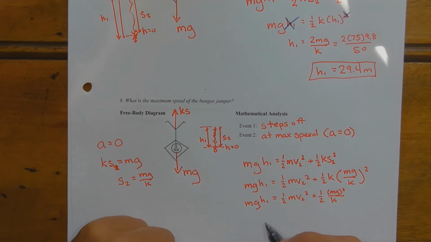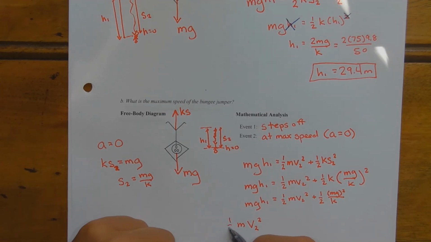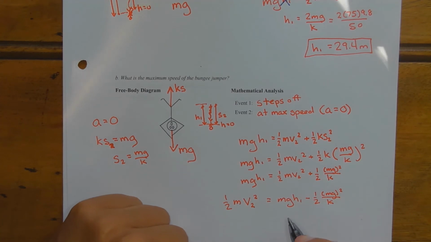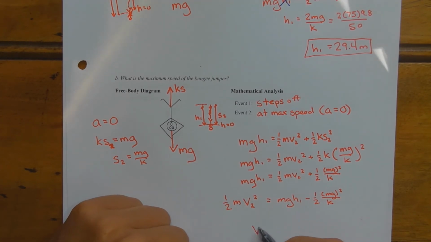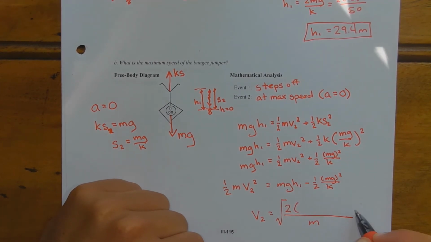Now solving for v2, let's do this first. So this is mgh1 minus 1/2 mg squared divided by k, then divide by the mass and multiply by 2 and take the square root. Multiply by 2, divide by the mass, take the square root.